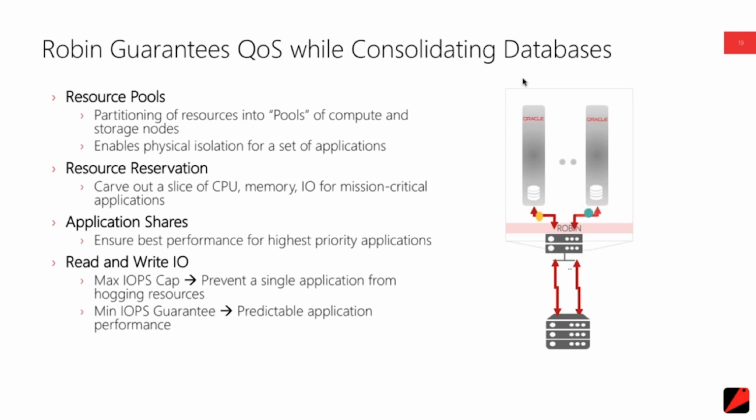But then there's also the ability to do some really interesting things around quality of service. So this is Robin's own block storage stack. We manage the entire I/O path from the application tier all the way down to the storage volumes, the Robin storage volumes. We tag I/Os with metadata that identifies the application issuing the I/O and the storage volume to which that I/O is destined. So by that, we're able to allow the administrator to define IOPS minimums, right?